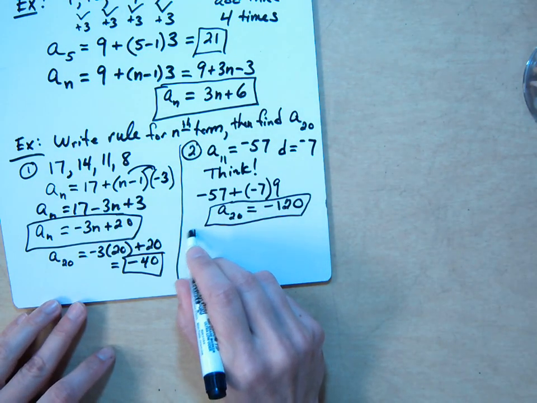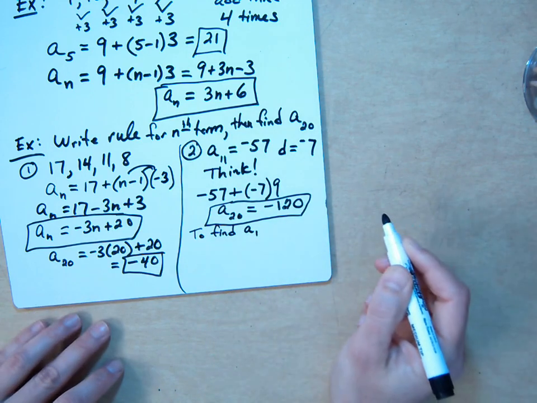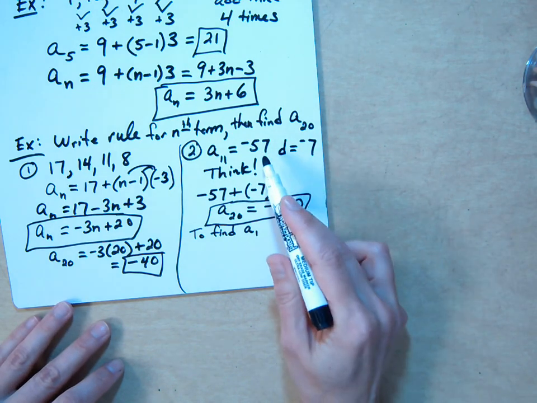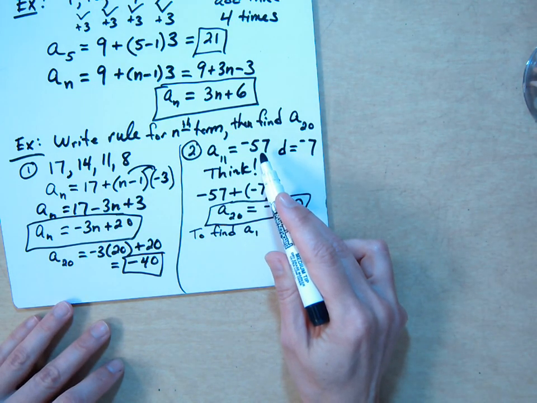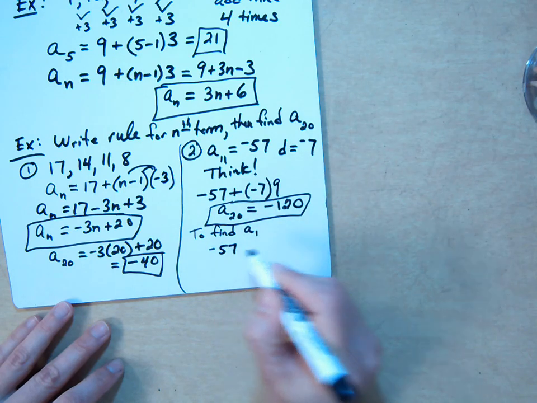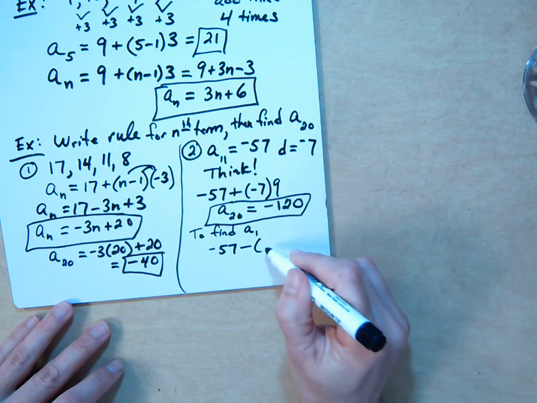So to find a sub 1, okay, good. We would start with negative 57, right? And then we would work backwards. So we would subtract this common difference of negative 7.